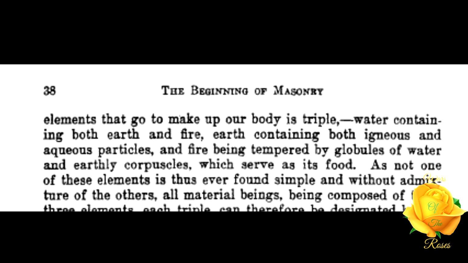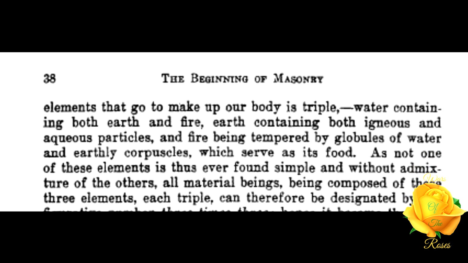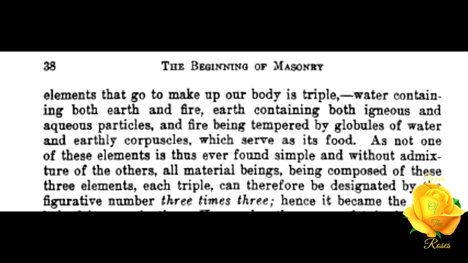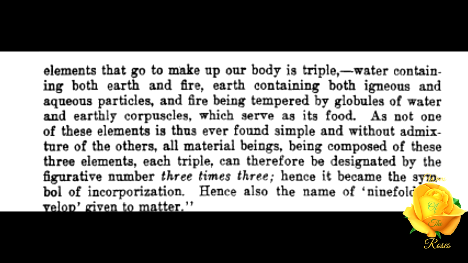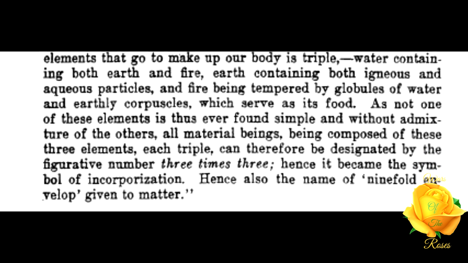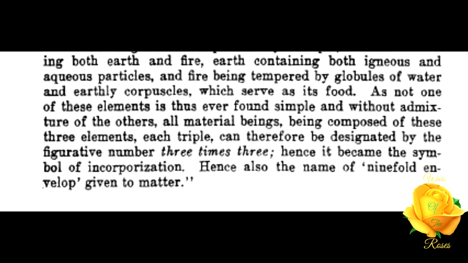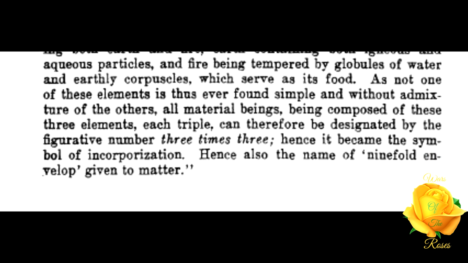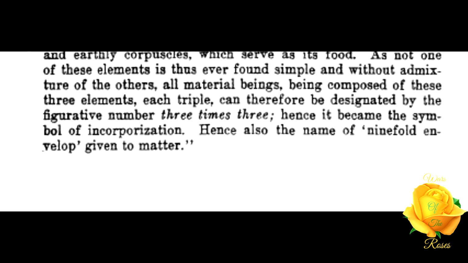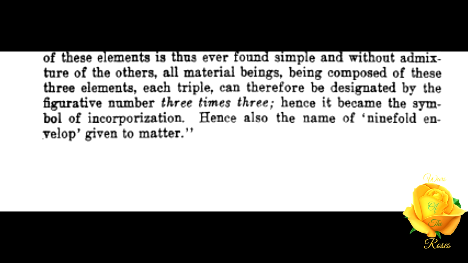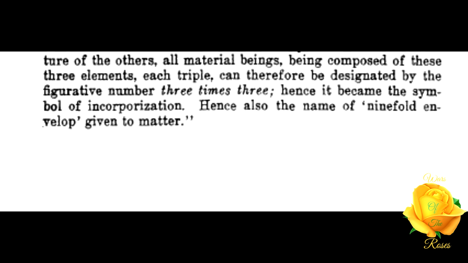Water containing both earth and fire, earth containing both igneous and aqueous particles, and fire being tempered by globules of water, and earthly corpuscles, which serve as its food, as not one of these elements is thus ever found simple and without admixture of the others, all material beings being composed of these 3 elements, each triple, can therefore be designated by the figurative number 3 times 3, hence it became the symbol of incorporation, hence also the name of 9-fold envelope given to matter.